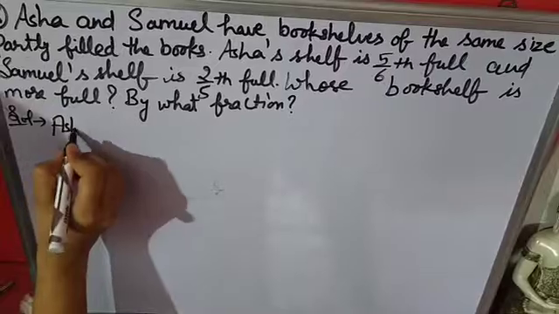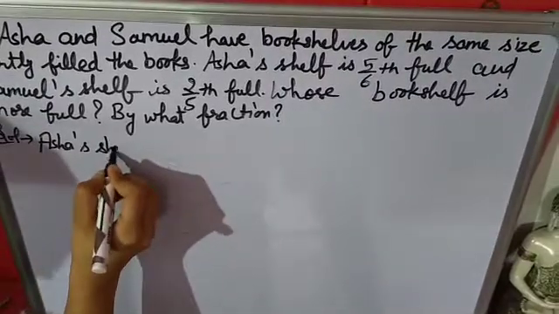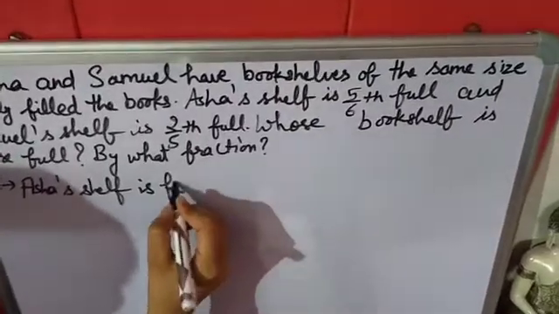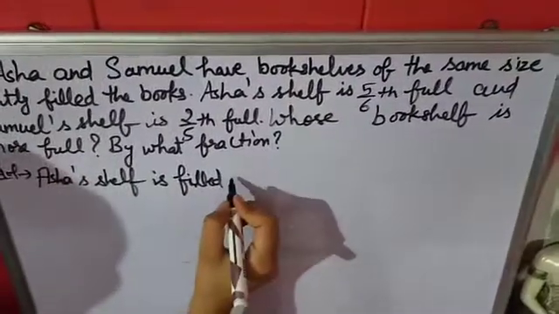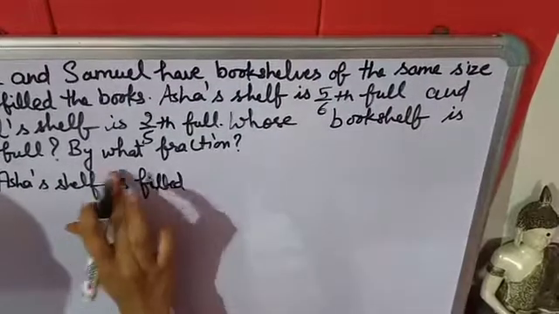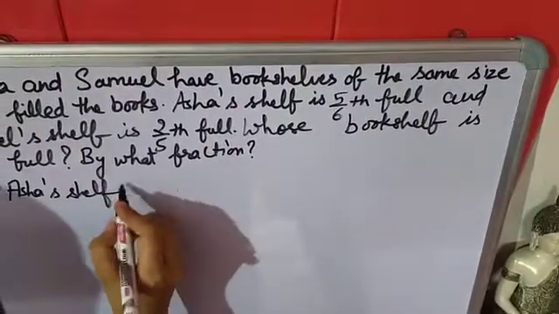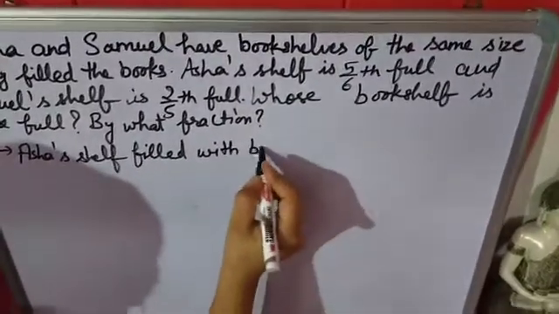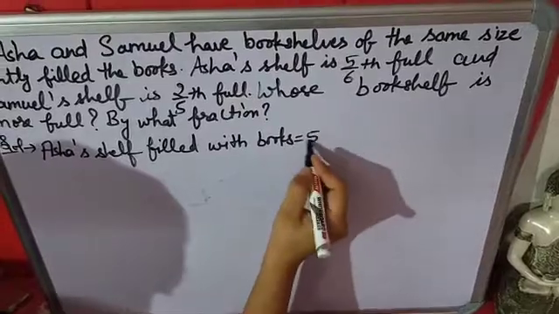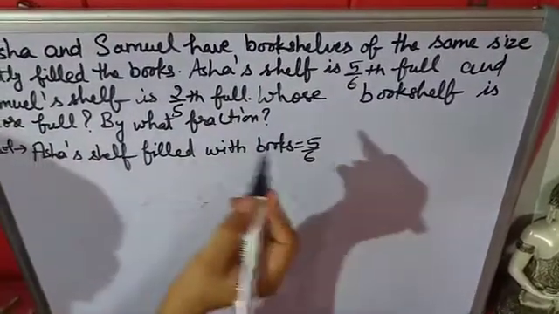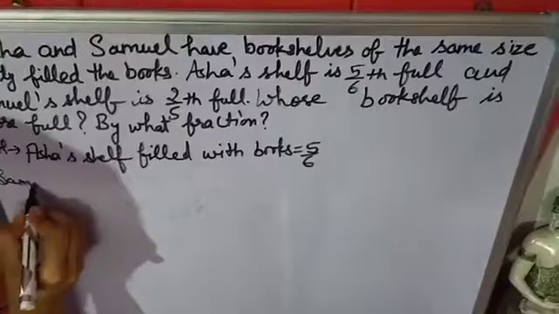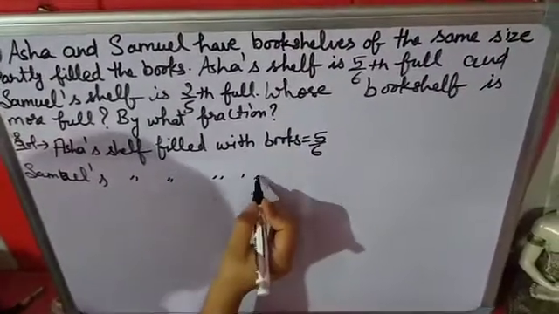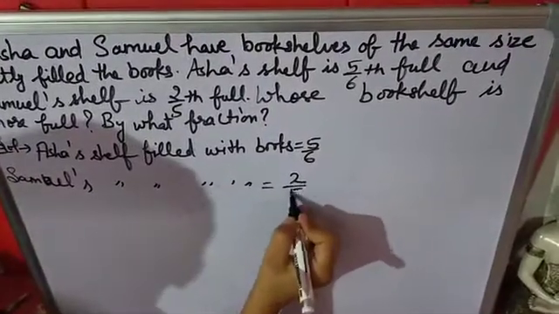You will write Asha's shelf is filled with books 5/6. Then Samuel's shelf filled with books is 2/5.